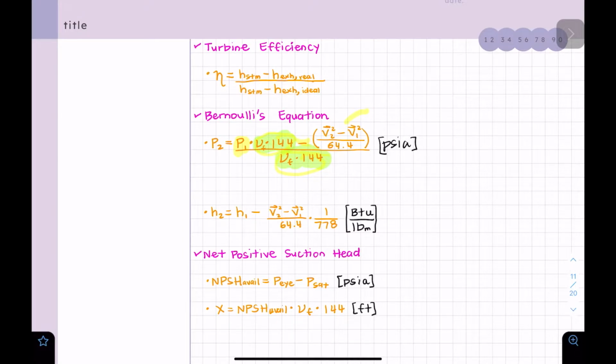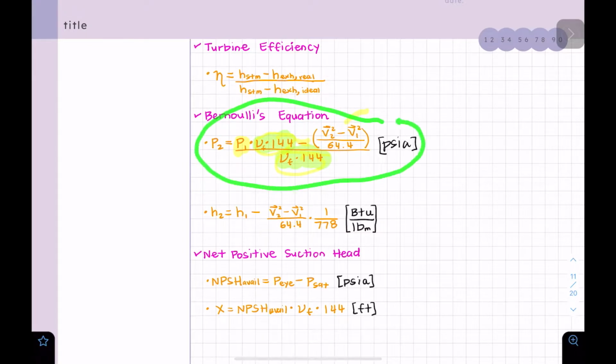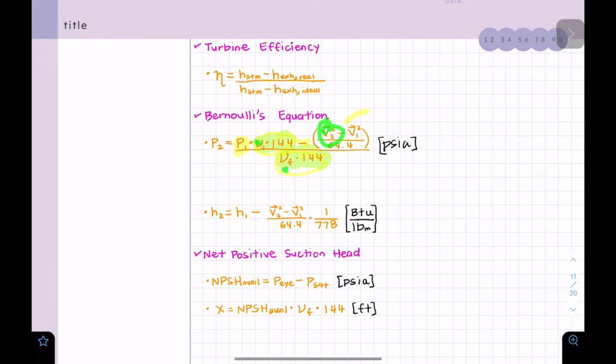And I actually just memorized this one in order to solve, like if I'm given two pressures and stuff like that, I will just be able to type in these numbers. They're going to give me the pressure and temperature, but I can just go and check the specific volume in the steam table, and I'll just type everything in and I'll be able to answer the question very easily.